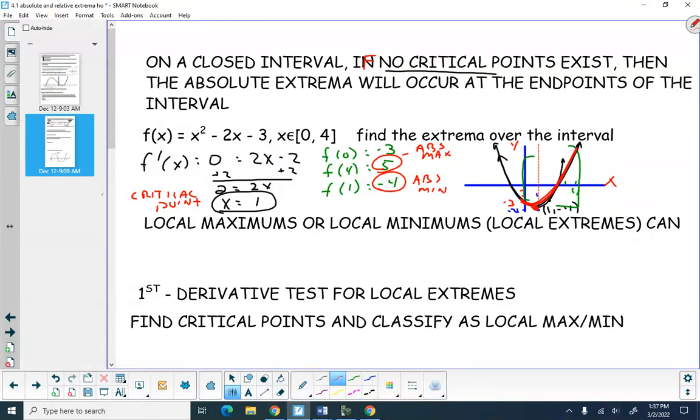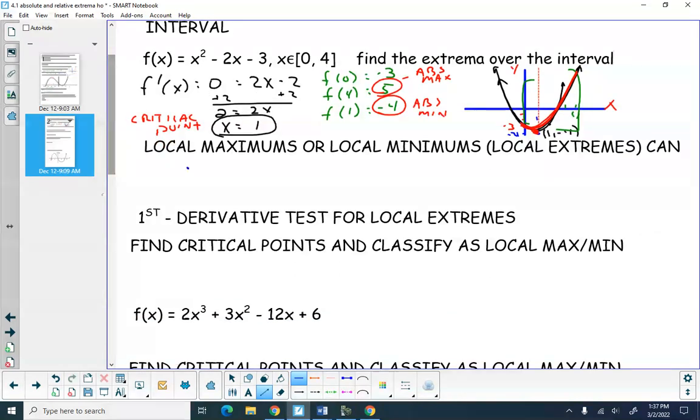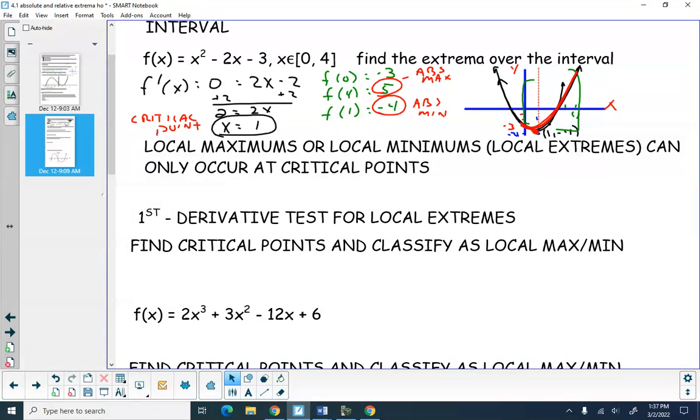So I have my absolute maximum and my absolute minimum on that specific interval. Local max and local mins, our local extrema, can only occur at critical points. They can only occur at critical points.